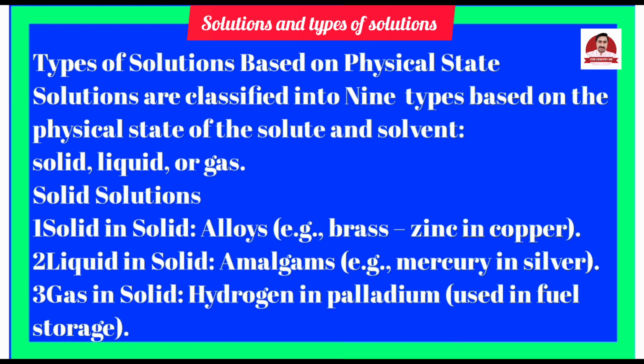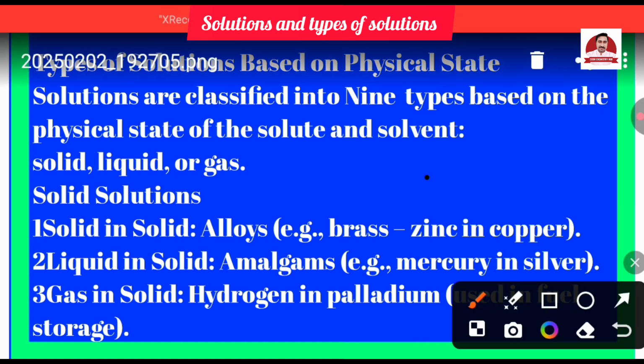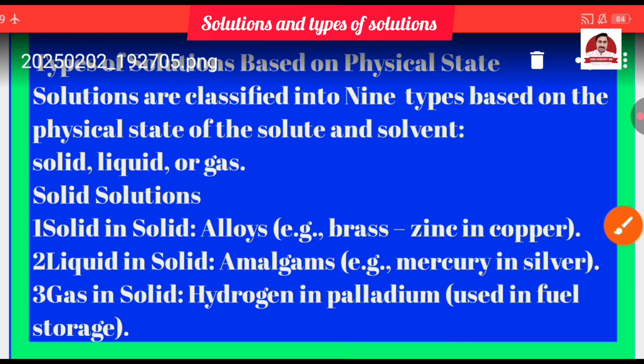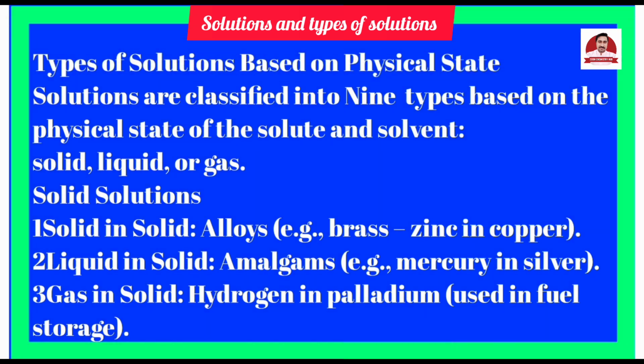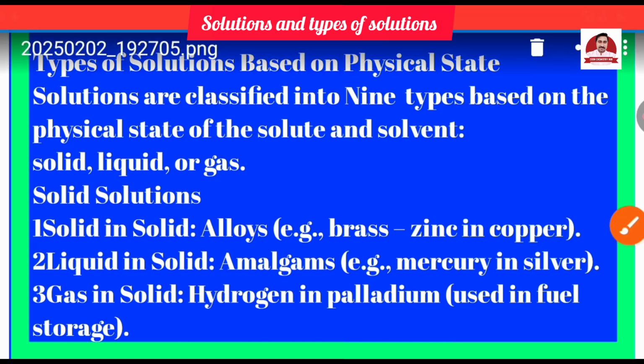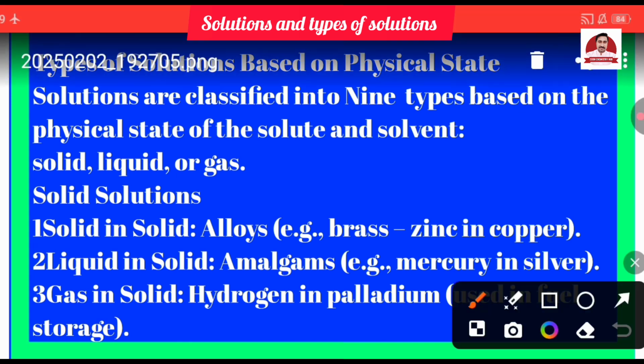Next is the types of solution based on physical state. On the basis of physical state, solutions are classified into 9 types, that is solid, liquid and gas, and each of these has three further types.